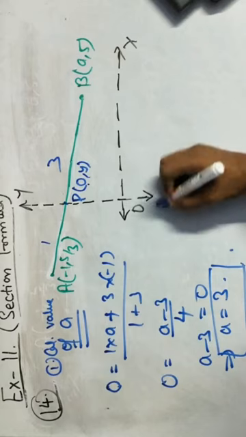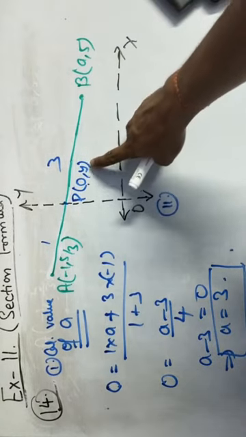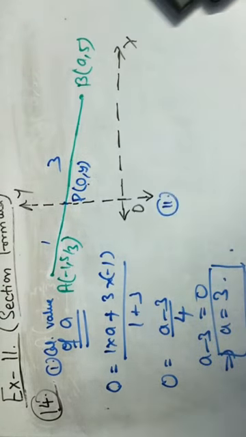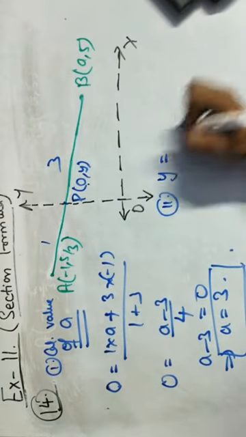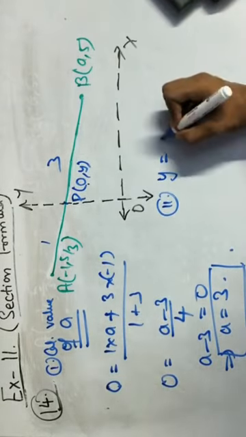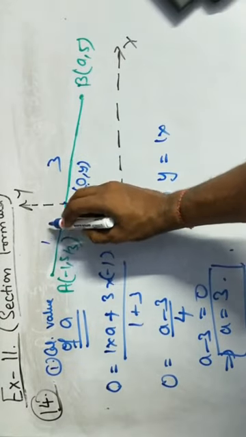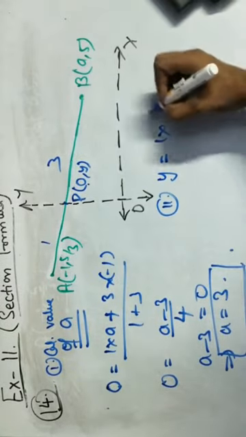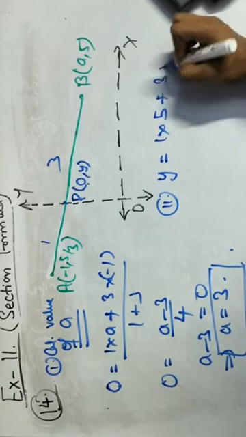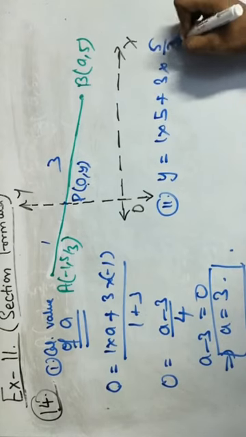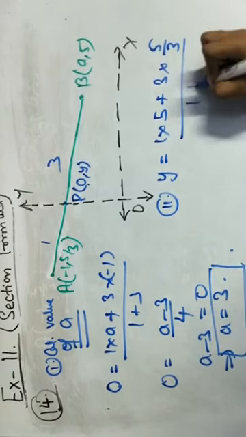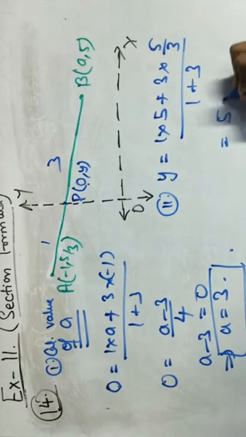Moving on to the second part, we have to find the coordinates of the point P. So for that we need to calculate the value of y. Y should be equal to, same we'll use the section formula, 1 into 5 plus 3 into 5 by 3 by 1 plus 3. So this is 5 plus 5 by 4.